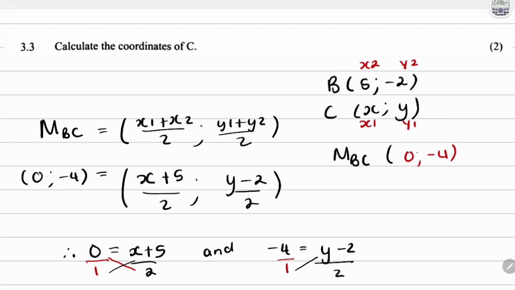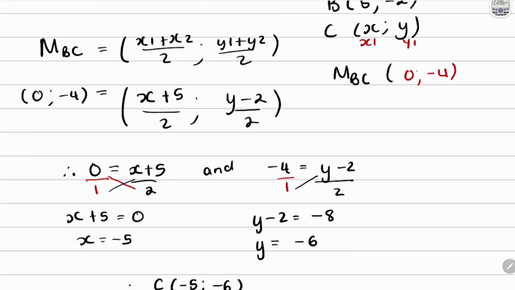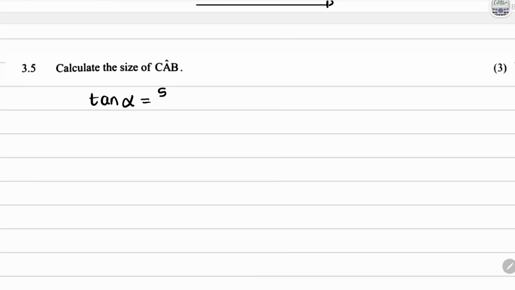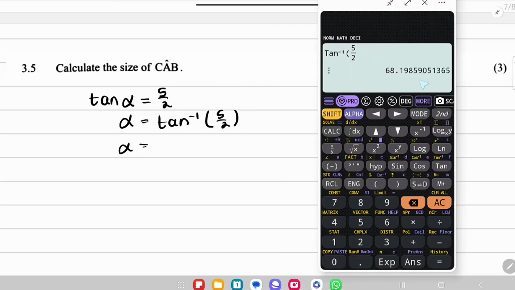Okay, so we have the gradient of AC. To find that angle of inclination, we say tan theta, I'll just say alpha in this case, because we know that it is equal to the gradient of AC. And we know that the gradient of AC is 5 over 2. So it means that alpha is equal to shift tan, or the second function of tan, 5 over 2. And it gives us this.